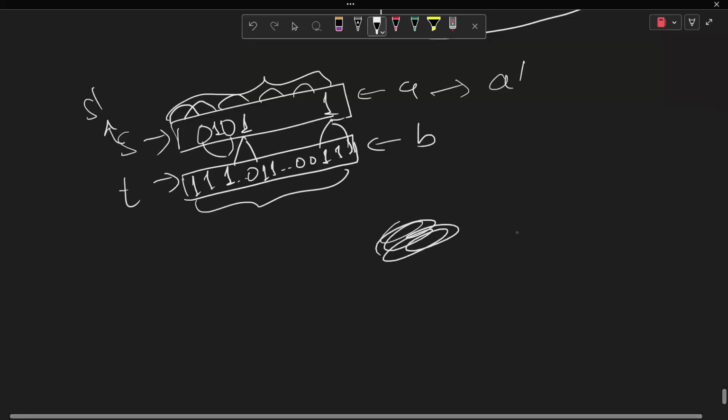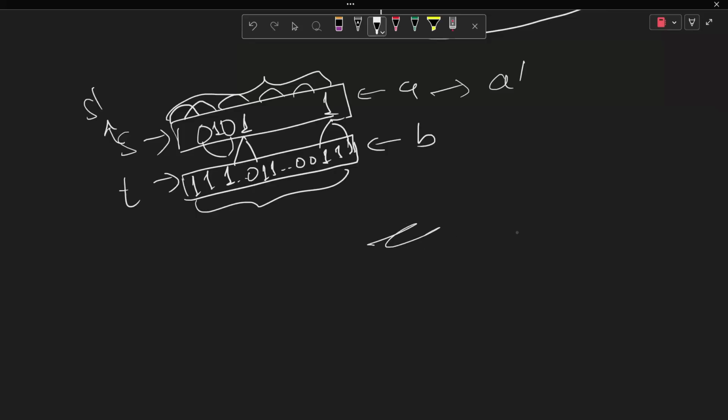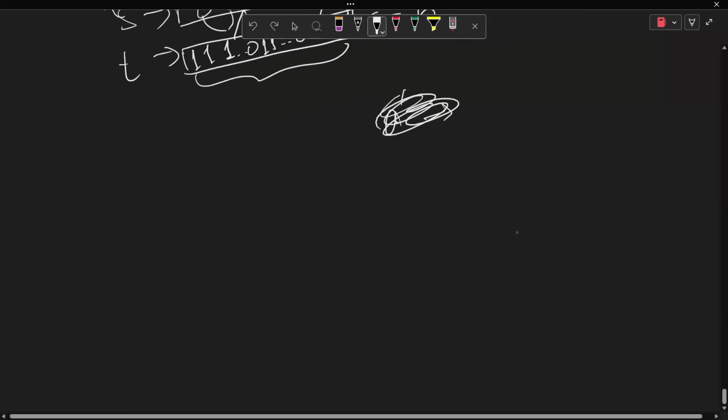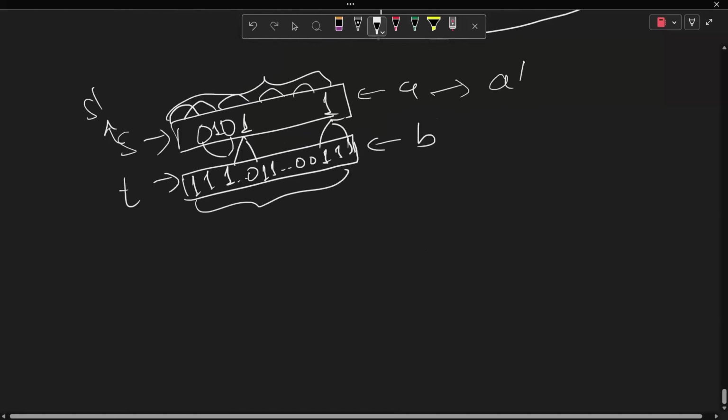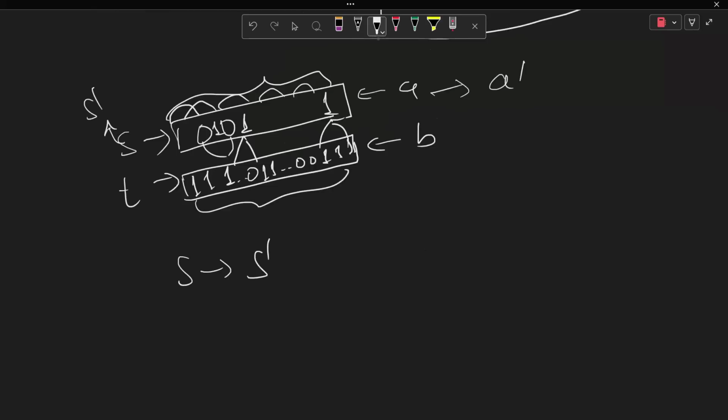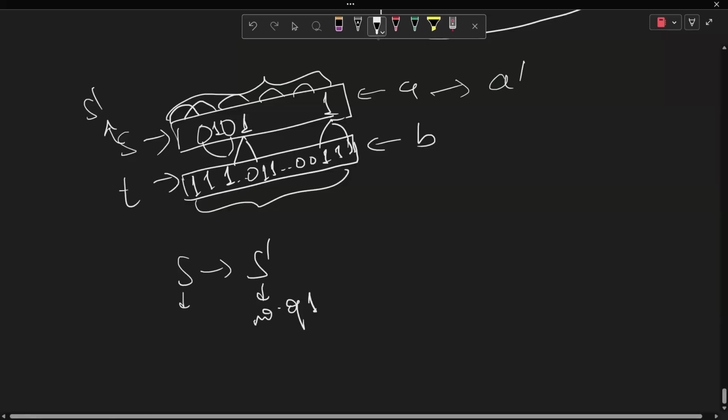So S dash is my string after performing all the operations, where the maximum ones we can have, we have put into S. So S is converted to S dash now. Okay, S was our initial string, S dash is the converted one with the maximum amount of ones. So for the whole string, if we are given, we would just answer the number of ones in S dash. This would be our answer if we are given the whole string.